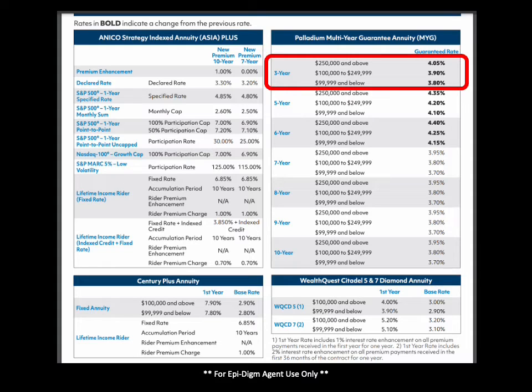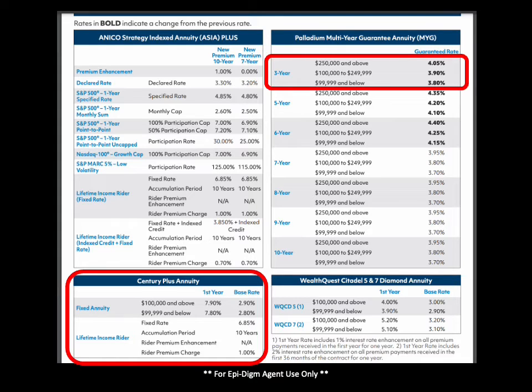It not only shows the multi-year guarantee interest rate, it also shows index annuity caps and participation, and it also shows something like Century Plus annuity, which is a fixed annuity. This is not a MYGA, this is a fixed annuity. The thing about Century Plus is it gives you a 5% bonus in the first year. For 100,000 and above, the first year interest rate is 7.9 and the base interest rate is 2.9.